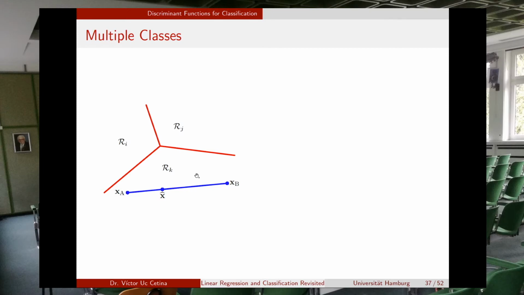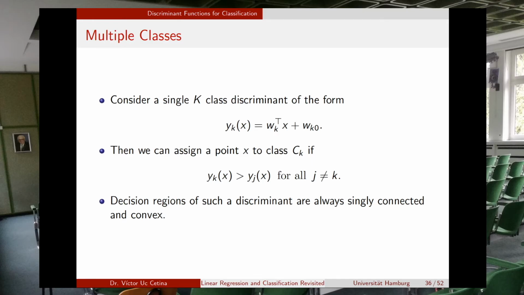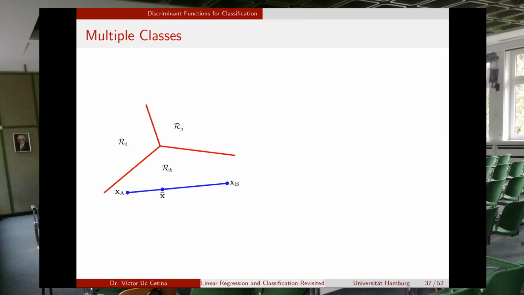So in this region, for example, for any pair of points that you can imagine here, if you draw a line between those points, every point in the line that you create will remain in region K. And the same happens for every other region. So when you implement your multiple class classifier using this approach, you are creating these kinds of regions where there are no ambiguities.